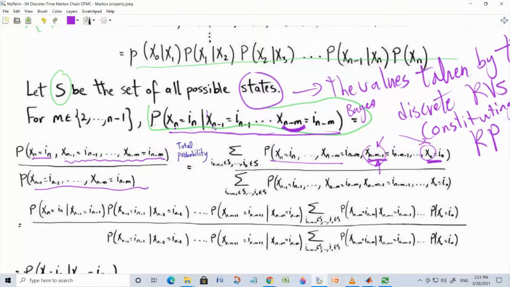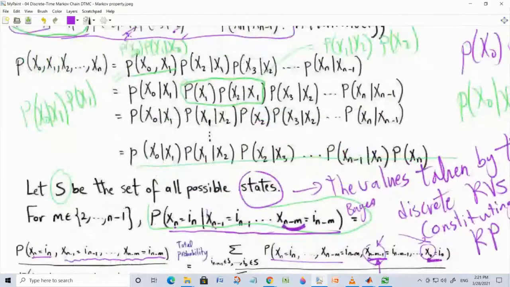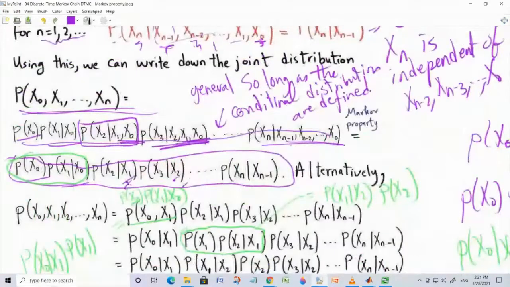So I cannot just stop there; I need to continue up to x of 0, and then have the sum over all possible values of x of n minus m minus 1, x of n minus m minus 2, x of n minus m minus 3. In the denominator we do the same trick: continue up to x of 0 and then do a summation. Then apply this chain.